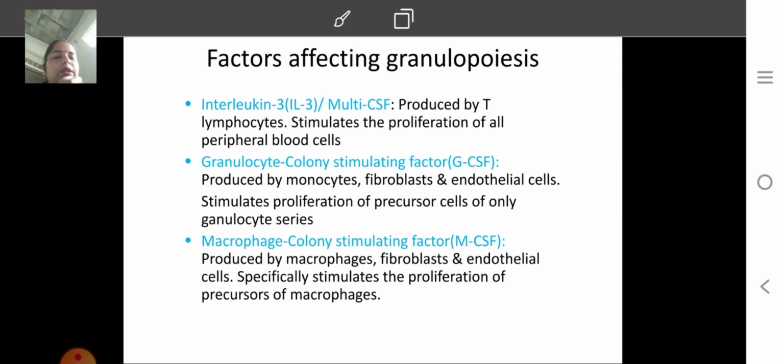Granulocyte colony stimulating factor, G-CSF, is produced by monocytes, fibroblasts and endothelial cells and stimulates the proliferation of precursor cells of only the granulocyte series. Macrophage colony stimulating factor, M-CSF, is produced by macrophages, fibroblasts and endothelial cells and specifically stimulates the proliferation of precursors of macrophages.